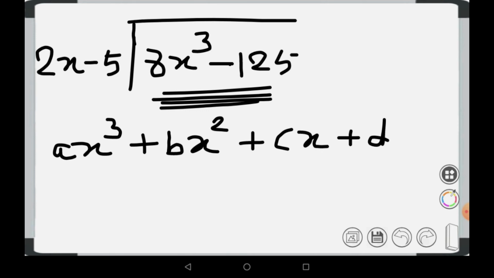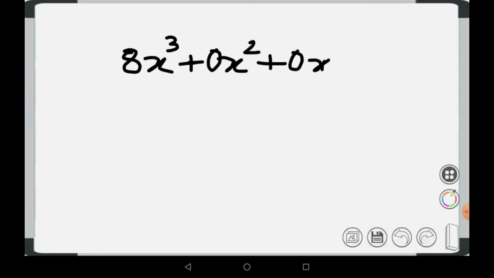So I am again rewriting the dividend like this: 8x cube. Now the missing terms can be written like this: plus 0x square plus 0x, plus or minus of the zeros doesn't matter. Okay, so plus 0x minus 125.